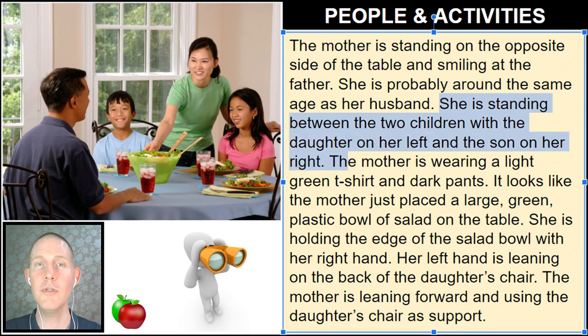She is standing between the two children with the daughter on her left and the son on her right. The mother is wearing a light green t-shirt and dark pants. It looks like the mother just placed a large green plastic bowl of salad on the table.